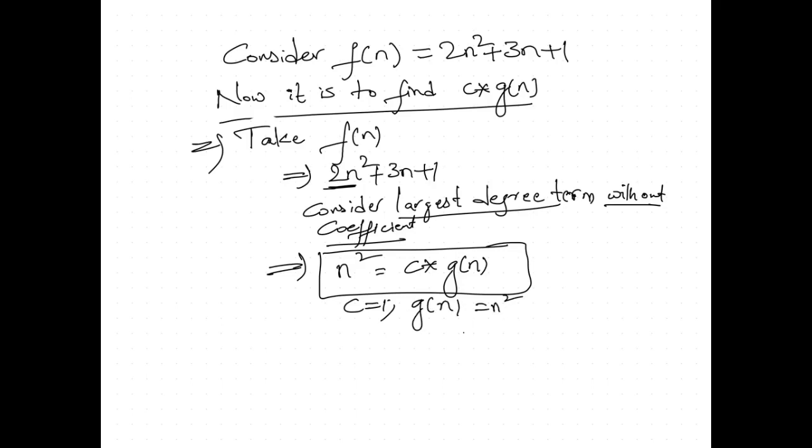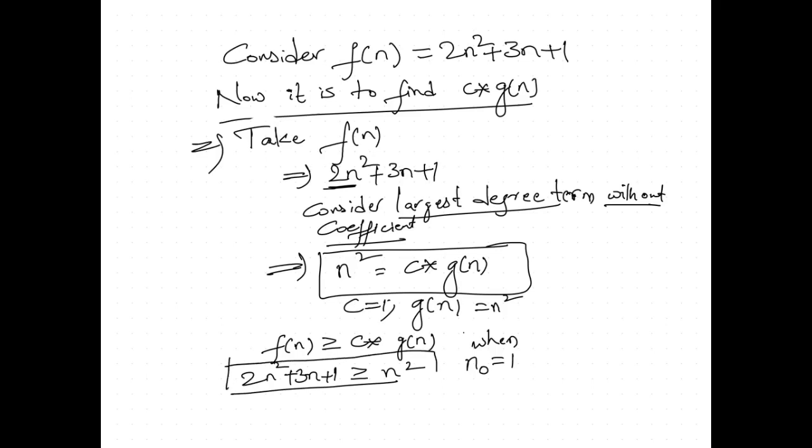N square. Now I can say f of n is greater than or equal to c times g of n. Can I check? Yes, I will write 2n square plus 3n plus 1 is always greater than n square. Of course, it is greater than n square. Why? You substitute n naught is equal to 1. When n naught is equal to 1, obviously this thing is satisfied.